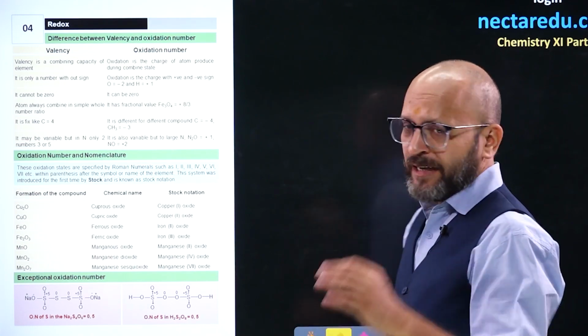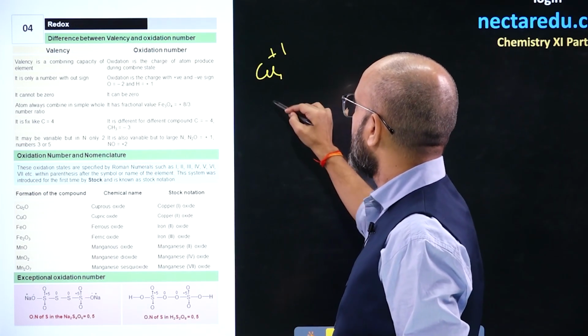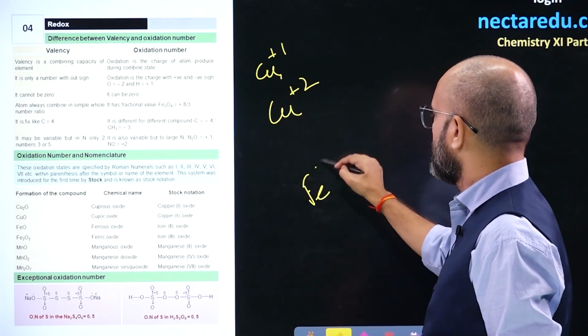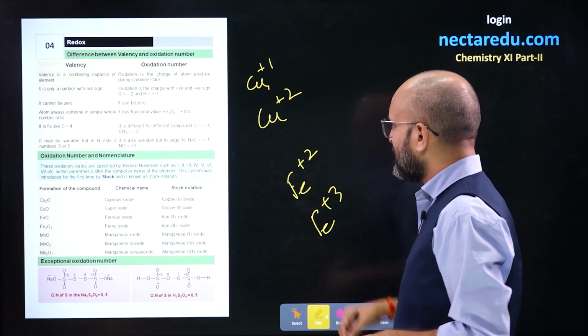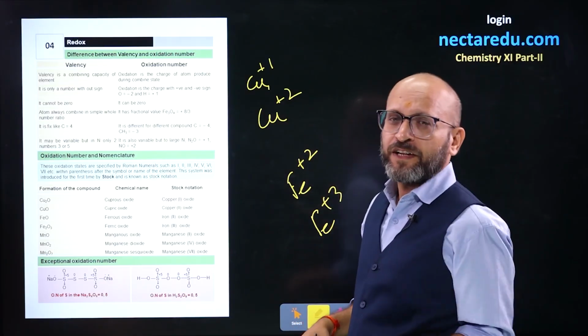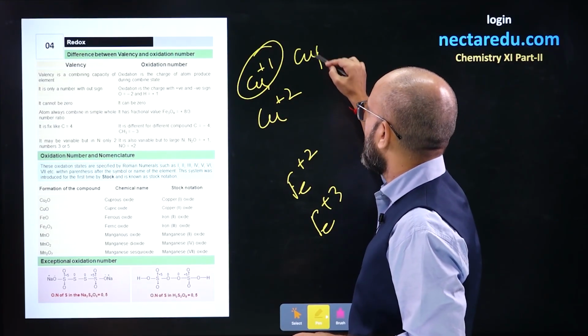And just remember, you have copper +1 and copper +2, similarly Fe +2 and Fe +3. So these are common oxidation states of metals which have been observed in compounds. When copper is in +1, call it cuprous.